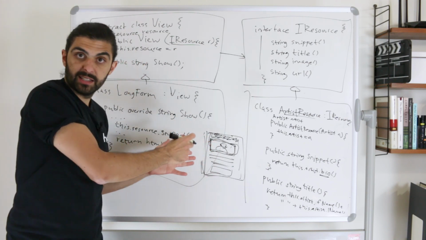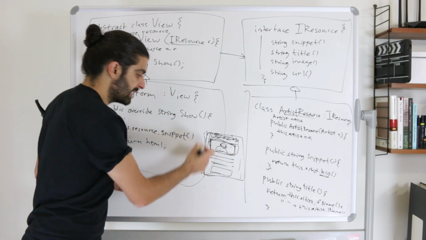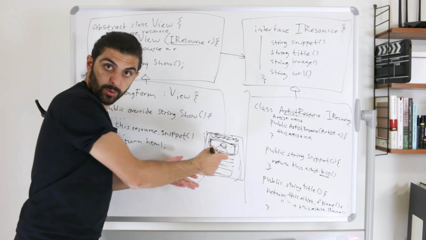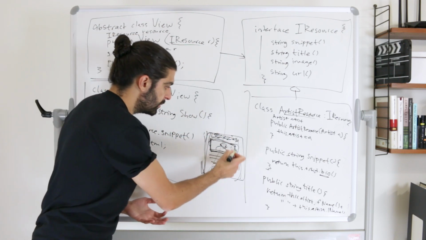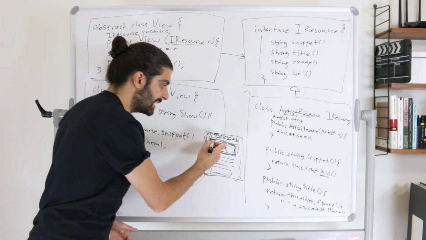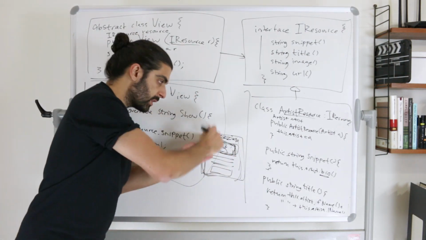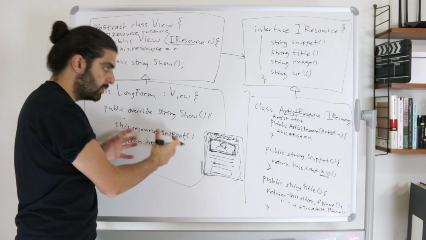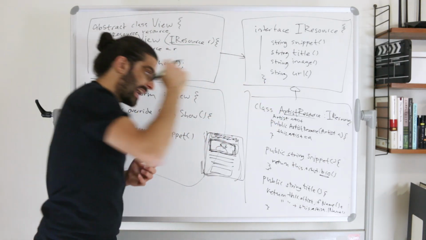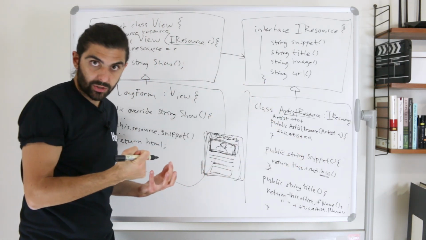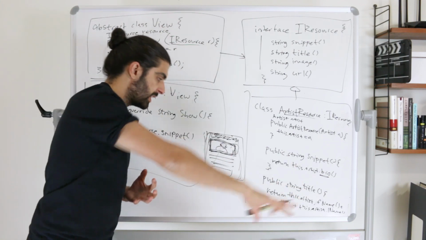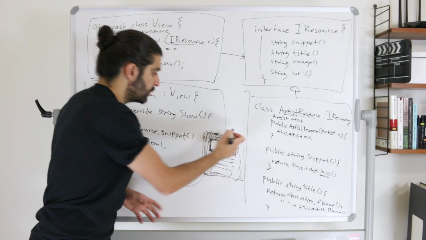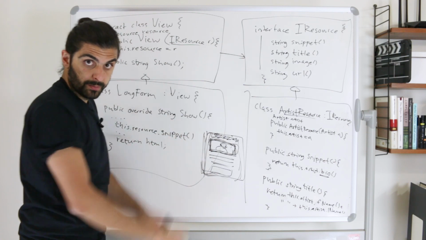What the URL is for that image. It doesn't know, because that's not part of being this long-form view. Being part of this long-form view is simply just knowing that there needs to be an image here. But what that image is, is a concern for a resource. So if we pass a view a resource, then the view can ask the resource for the information that it needs in order to construct this particular view.